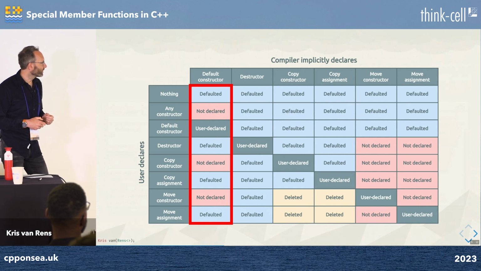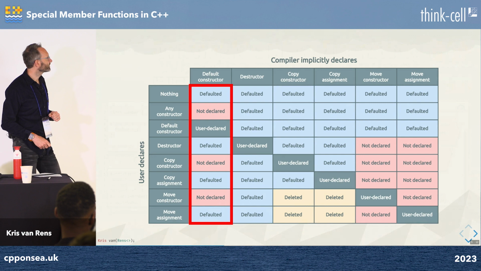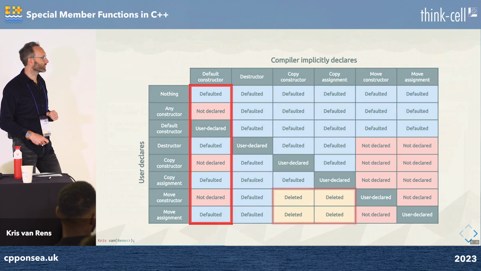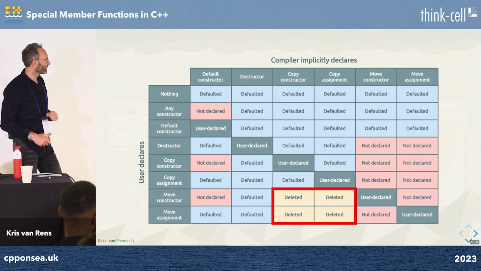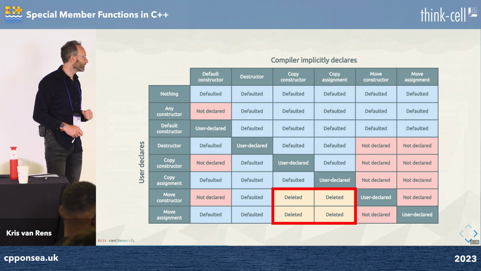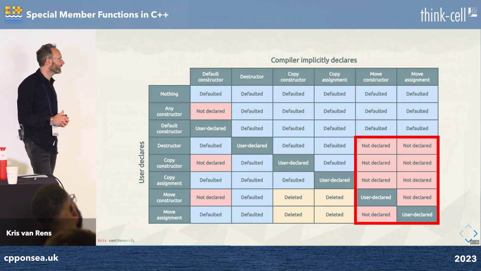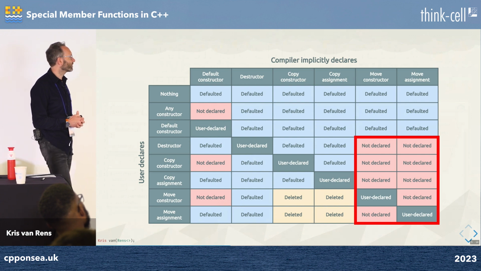Well, what we'll do is create three separate rules. We have one rule for the default constructor. We have another rule for the copy operations, in the case we user declare the move operations. And we have one rule for the move operations in general.